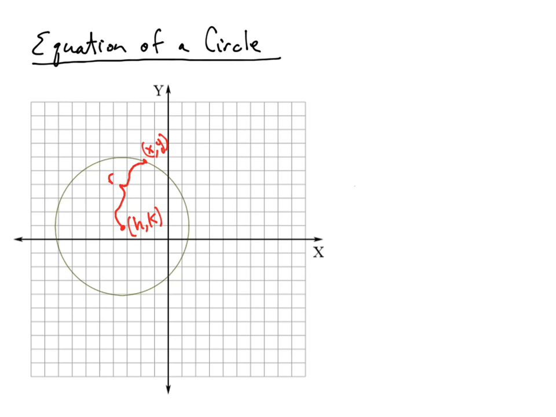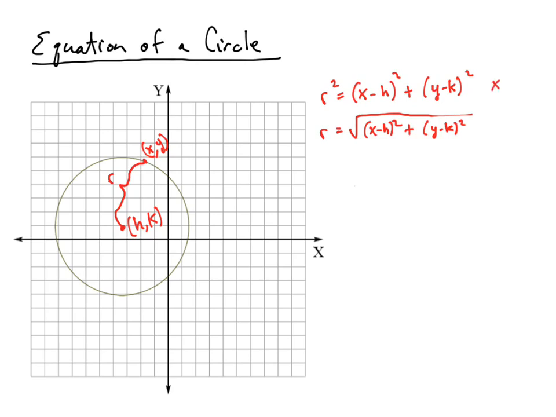So if we wanted to find the distance between the center and a point on the circle, we can use the distance formula. We'd say r squared is equal to the difference in the x coordinates, x minus h quantity squared, plus y minus k quantity squared, and then square root both sides. So we'd end up with the square root of x minus h squared plus y minus k squared is equal to the radius.